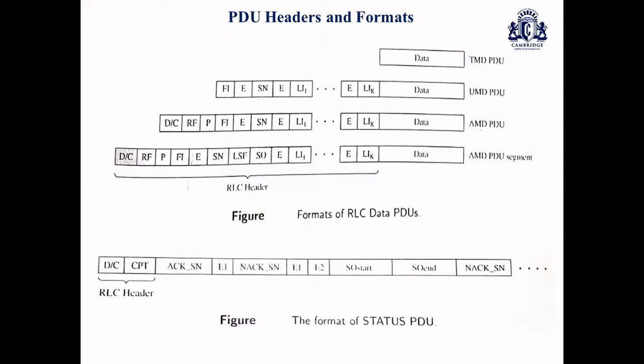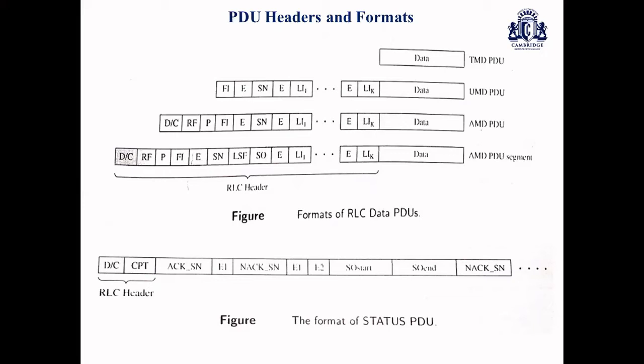With respect to RLC, we are supposed to discuss two different PDU formats, RLC PDU formats as well as MAC PDU formats. First, let us have a brief discussion of RLC PDUs. When I talk about RLC PDUs, the RLC data PDU as well as the RLC control PDU come into the picture.